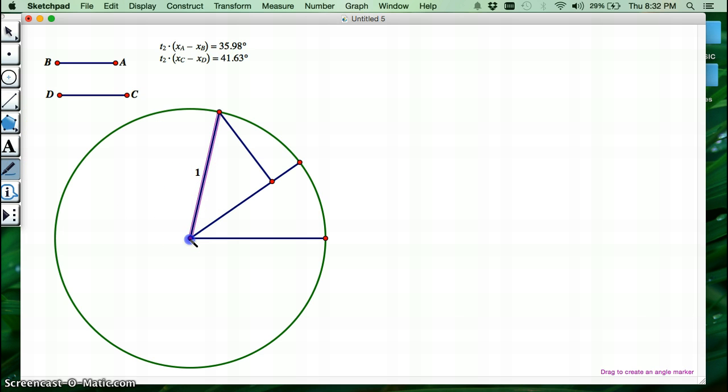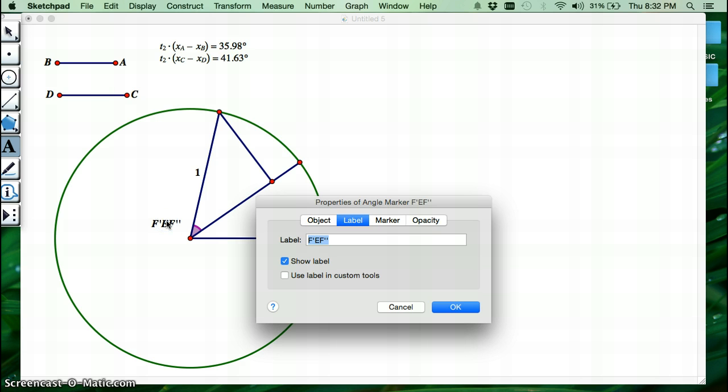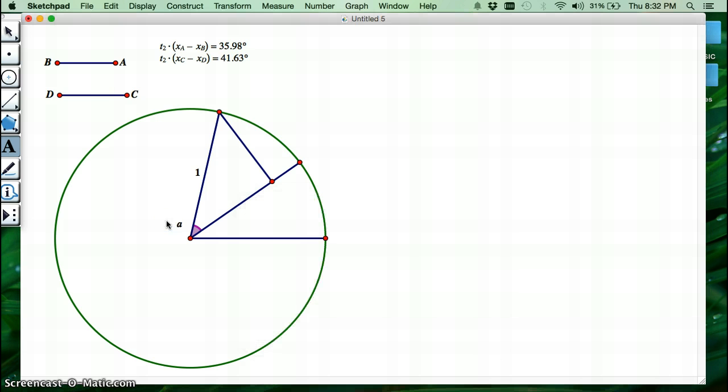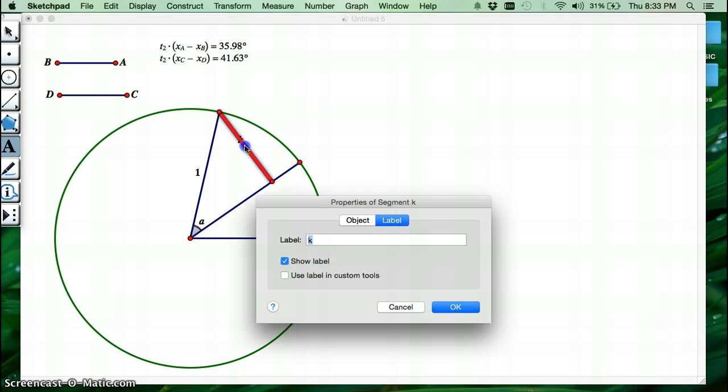Then we have our angle that we are going to label alpha. So with this angle alpha and our radius of 1, the opposite side then becomes the sine of alpha.